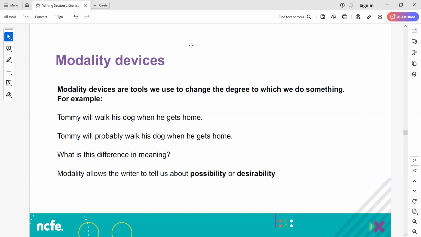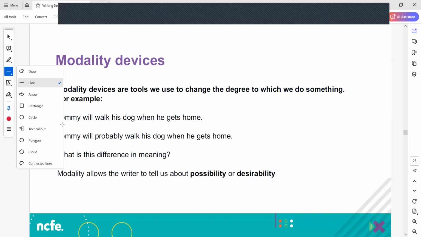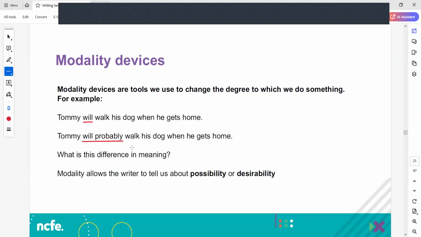So modality devices. These are tools to change the degree to which we do something. It's better explained by example. Tommy will walk his dog when he gets home. So "will" tells us he's definitely going to do it. Tommy will probably walk his dog.